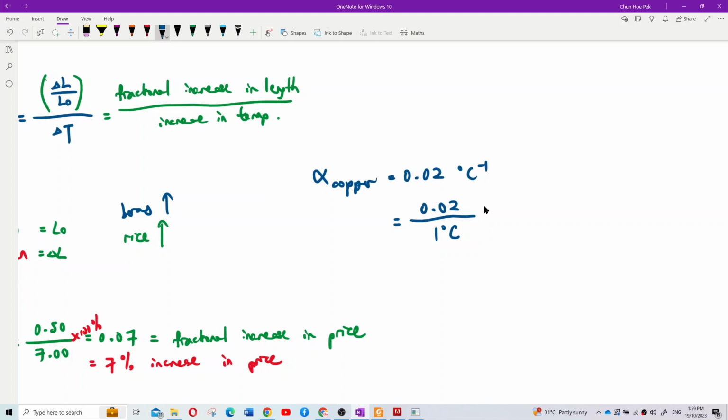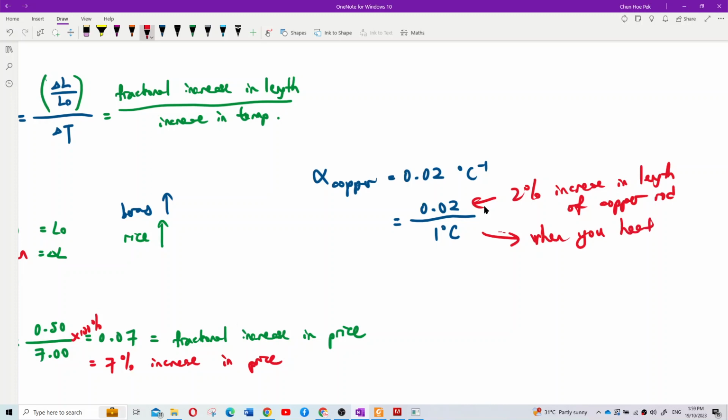That means a 2% increase in the length of the copper rod when you heat it up by 1 degree Celsius.